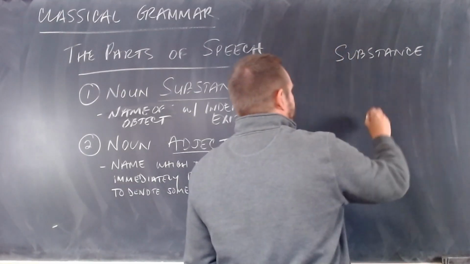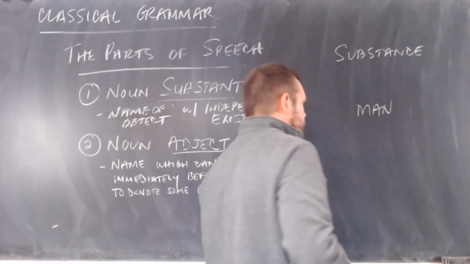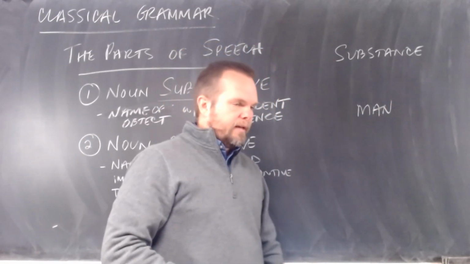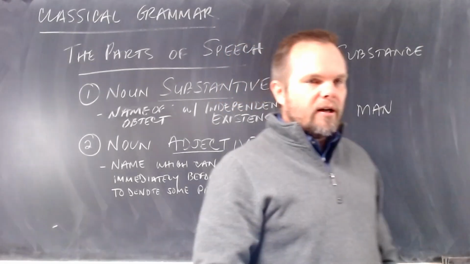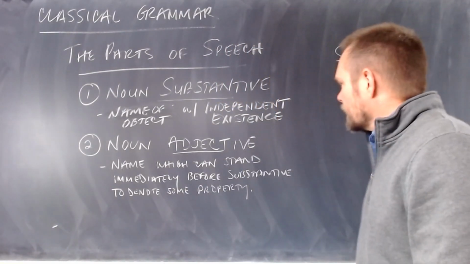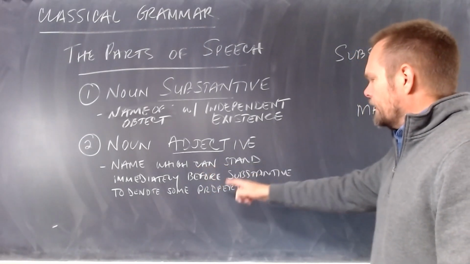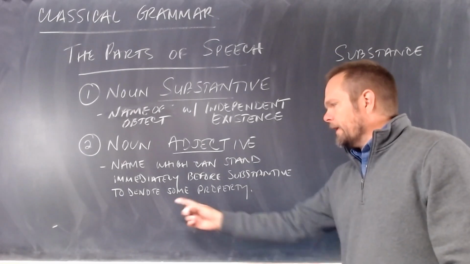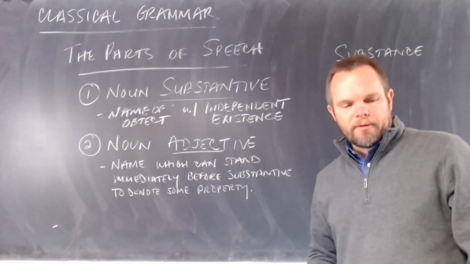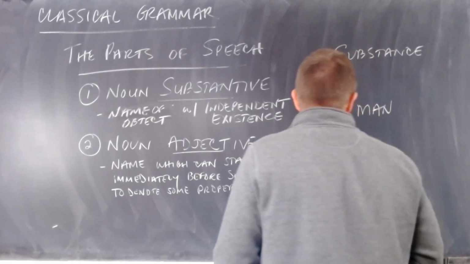So if man is a substantive noun, man is the name of a substance, the name of an object that has independent existence. An adjective is a name which can stand immediately before the substantive and denote some property that we perceive to exist in the subject.